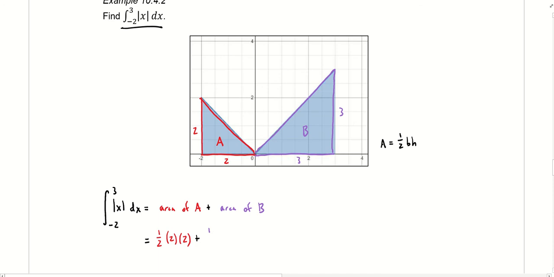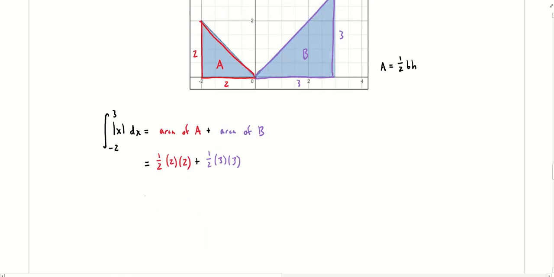So for B, our area is going to be 1/2 times 3 times 3. For the red triangle A, that gives us an area of 2. And for the purple triangle B, 3 times 3 is 9 times 1/2 is 9/2. So 2 can be expressed as 4/2, plus 9/2, which is 13/2.